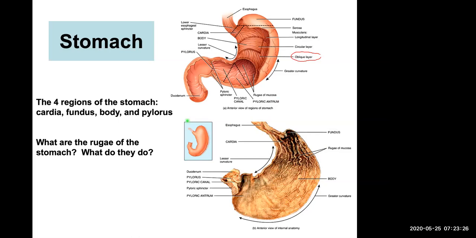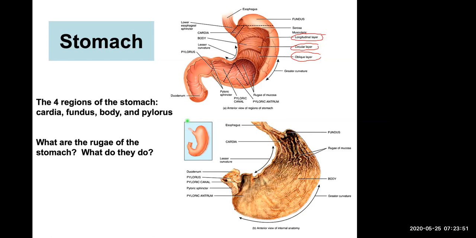And then you've got your circular layer, superficial to that, and superficial to that, we've got our longitudinal layer. Okay, and this makes it very efficient for the stomach to be able to mix, to churn food, to ensure that that bolus of food gets mixed in with all of the secretions of the stomach. Okay, which we'll get into in a second.